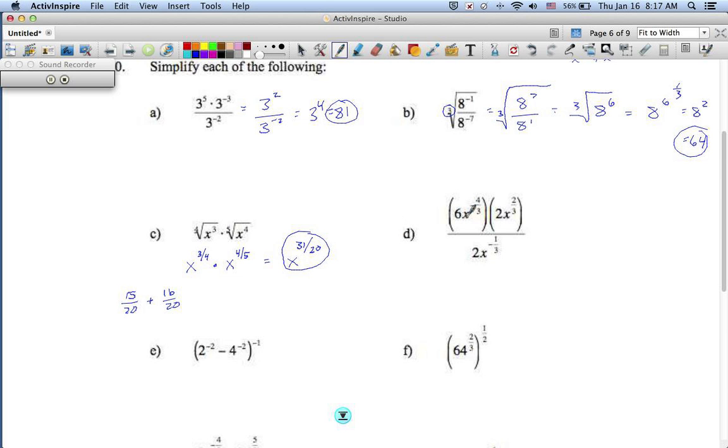Here, be careful, it's only the variable that is raised to the power. Okay, so be careful. First off, 2 and 2 cross out. So I have 6. That x is going to go to the bottom. So x to the 4/3 goes down here. x to the 1/3 comes up here and joins with the x to the 2/3.